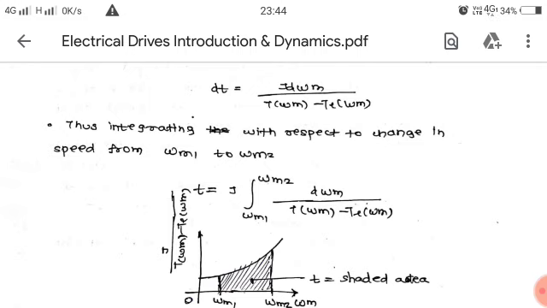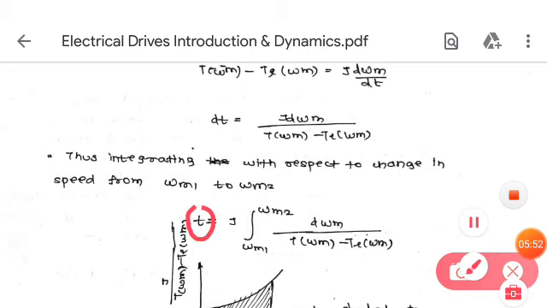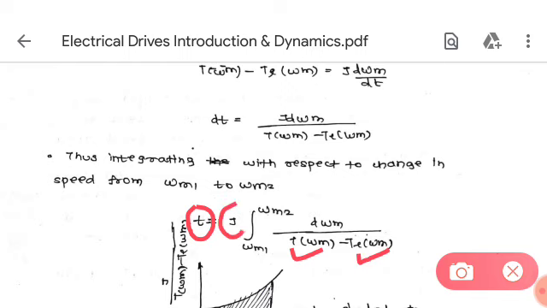Now the reason behind this is that this is a transient equation. This is a transient time. Here we are calculating the transient time of the drive. Suppose the torque equation is known to us, the load torque equation is known to us, and the inertia of the machine is known to us. In the previous lecture we saw how we can measure the inertia of the machine using the retardation test.